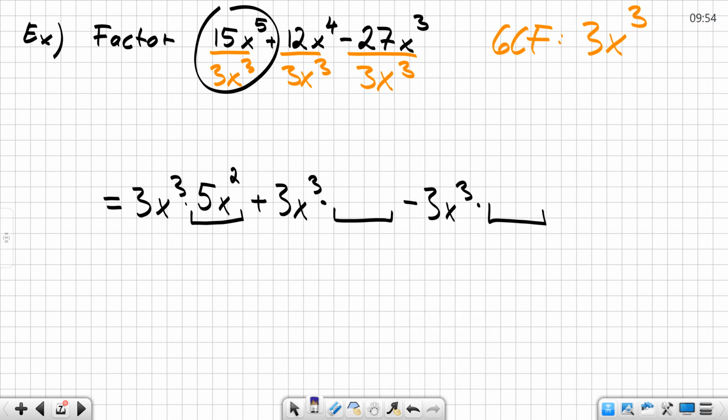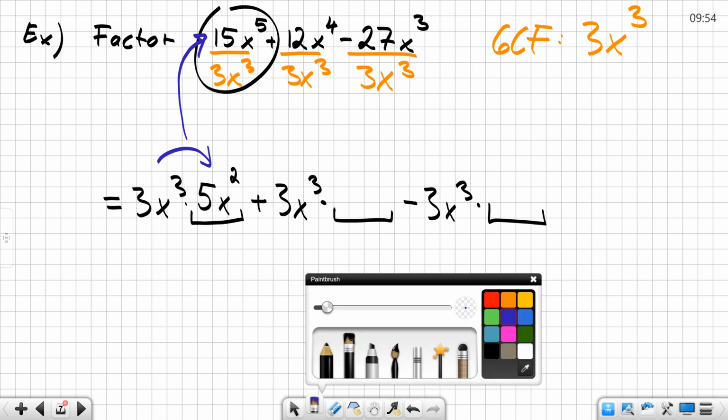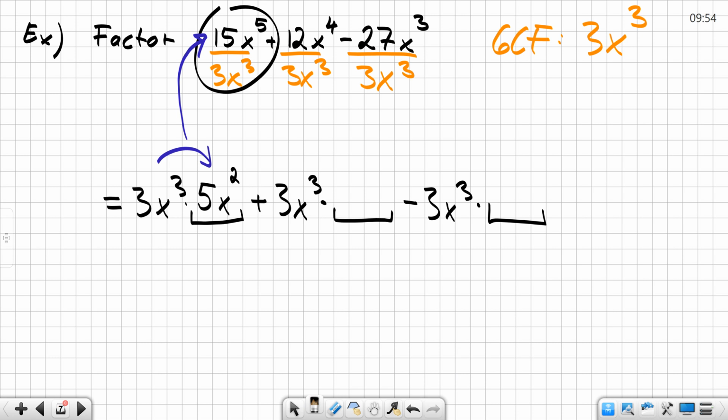Notice that when I would multiply these two out again, I would get 15x to the fifth. So what will I get here? 3x cubed times 12 divided by 3, that is 4. x to the fourth divided by x to the third, that is just an x. Negative 27 divided by 3. The negative we have placed on the outside right here. 27 divided by 3, that is 9. x cubed divided by x cubed is just 1, so the x's are completely canceling out.